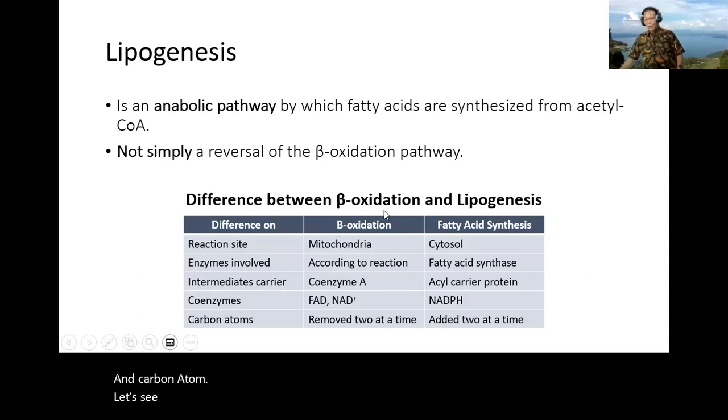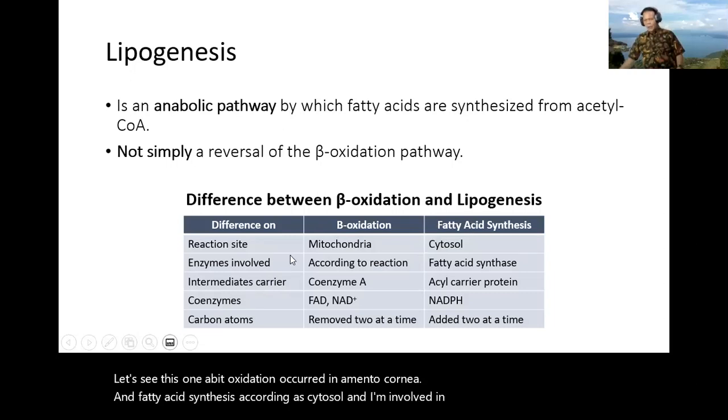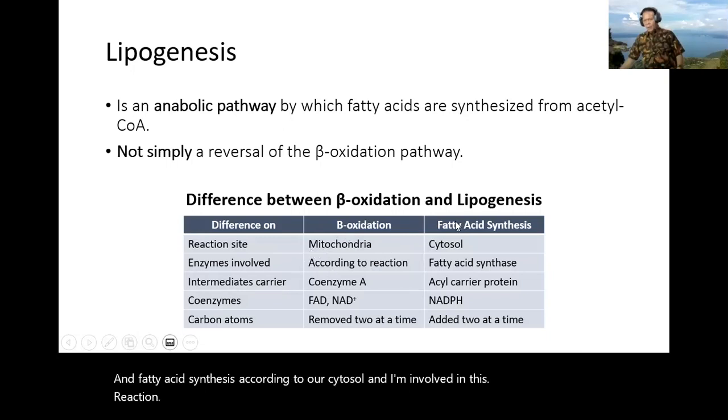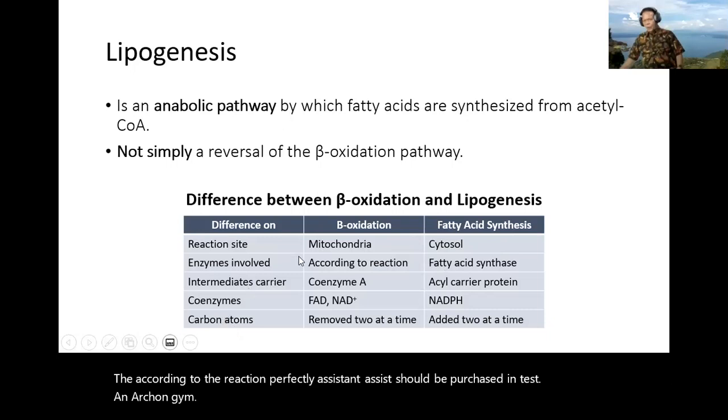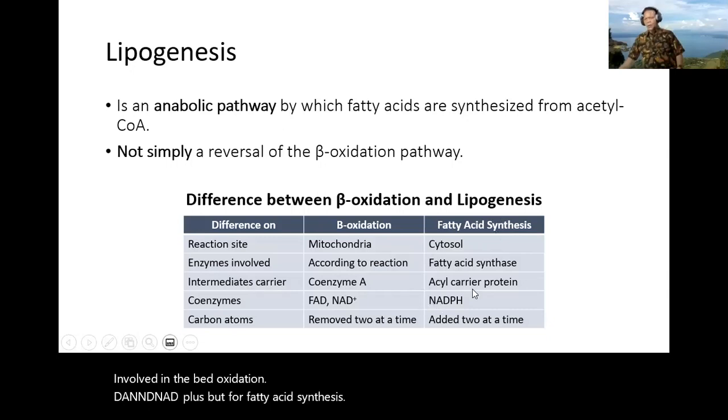Beta oxidation occurs in the mitochondria, and fatty acid synthesis occurs in the cytosol. The enzyme involved in fatty acid synthesis is fatty acid synthase, and the coenzymes involved in beta oxidation are FAD and NAD+, but for fatty acid synthesis it is NADPH.